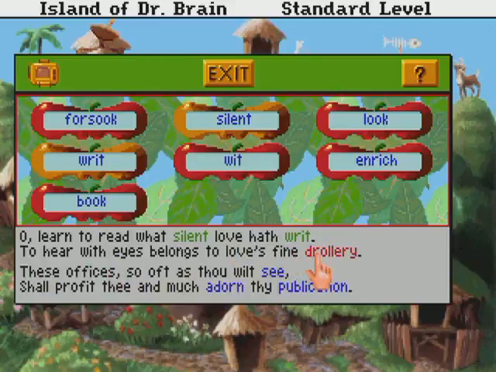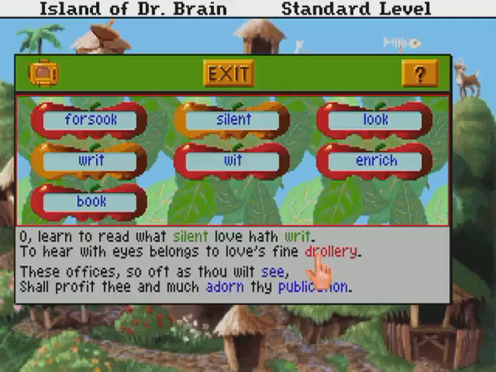That's a word I don't know. Book, tell me, what does that mean? Do you even know? Drollery. It doesn't sound like a real word, but I'm guessing I could be wrong. Drollery.